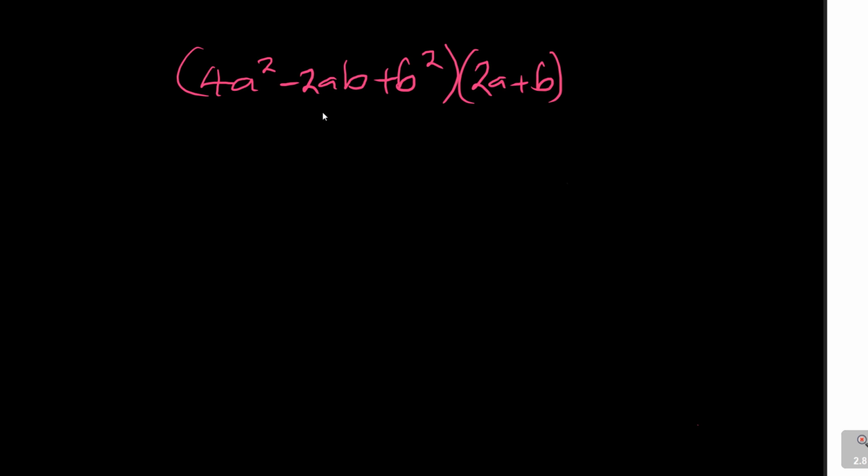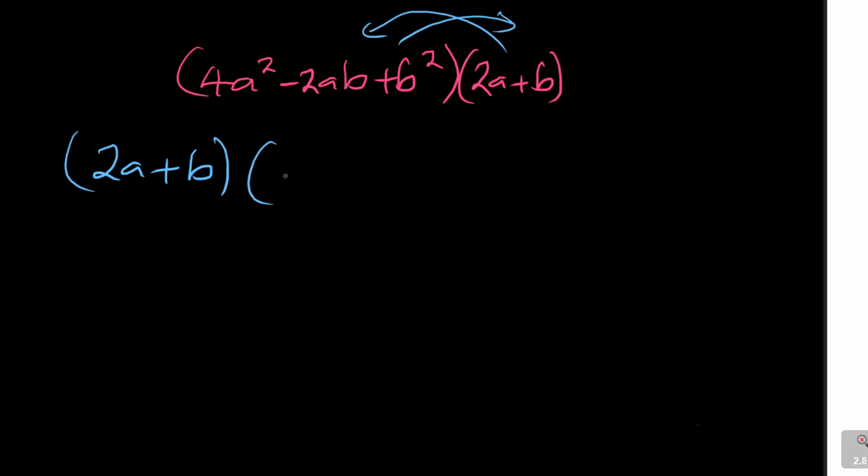You know what? You are not used to having 3 brackets going into 2 brackets. You are used to things rearranged like this, whereby you will have 2a plus b, multiplying. So you rewrite this thing. They're just trying to confuse you there. You see? Plus b squared.